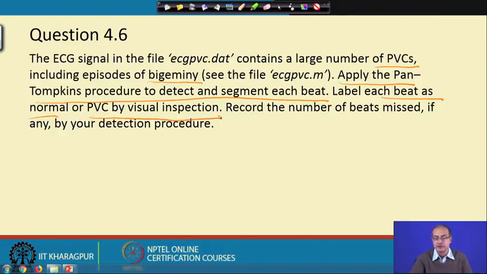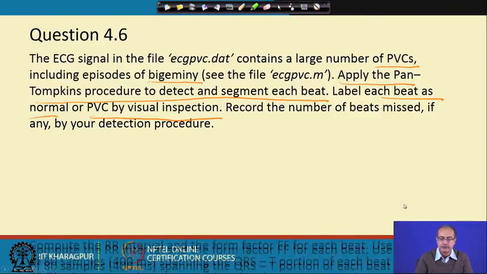Once the beats are labeled, it is possible to say which cycle is normal and which cycle is PVC, and record the number of beats missed, if any, by your detection procedure. So, if any beat was missed, that also should be noted.